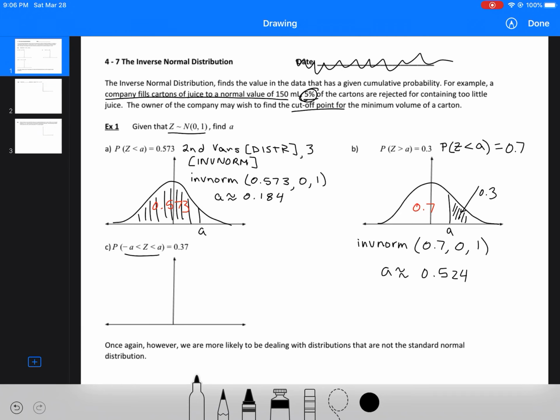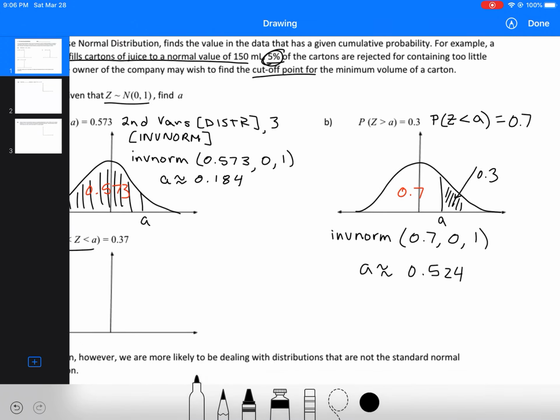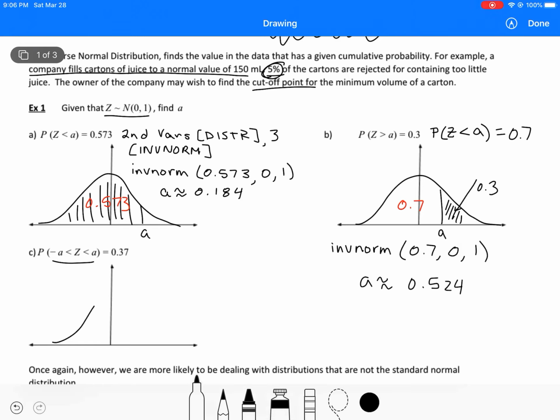Now we're going to look at one where we've got a left side and a right side. Here we've got our standard normal distribution again, with minus A and plus A. We know that the probability in between this part here would be 0.37.